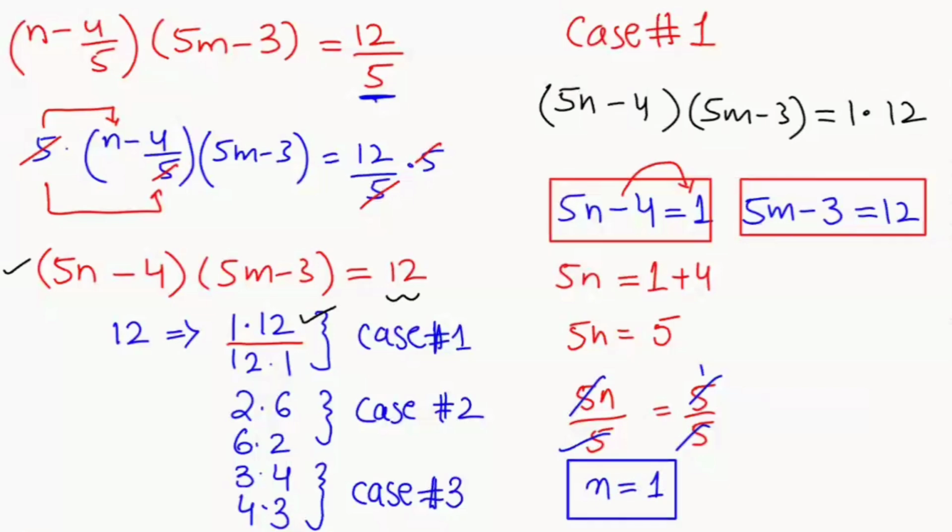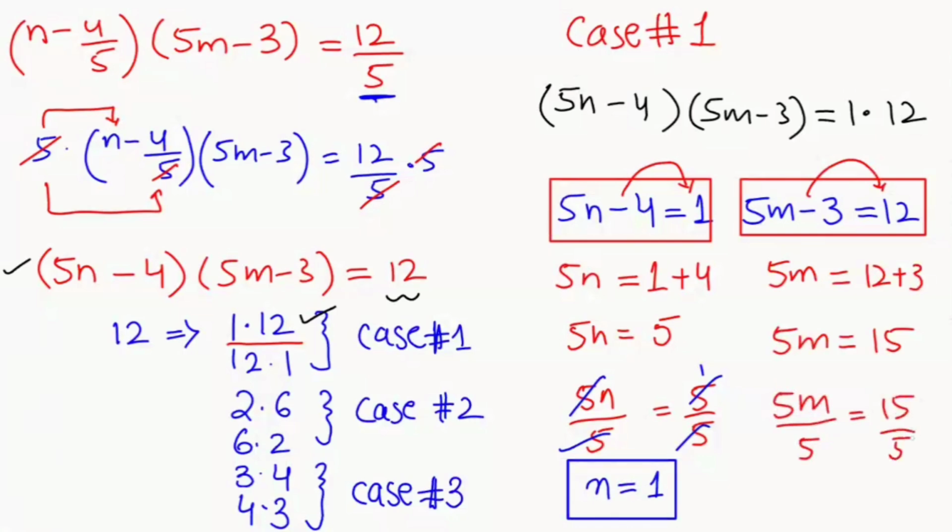Now we are going to solve this one for m. 5m, I take this 3 to the right hand side. 12 plus 3, 5m equals 15. This 5 is multiplying, so it is divided on both sides. This and this get cancelled, and 15 divided by 5 is 3. So here we get m equals 3. This is our m value.